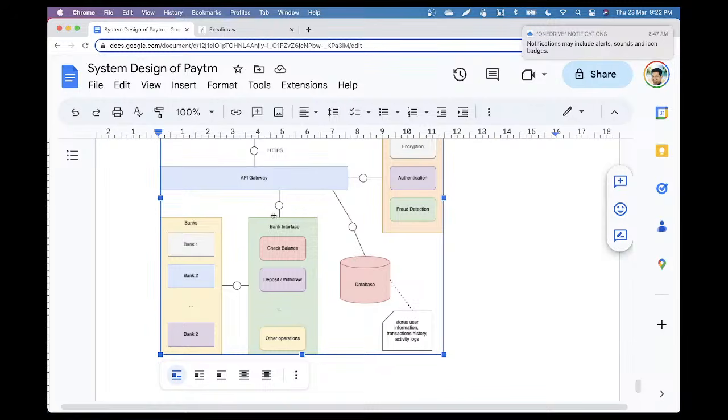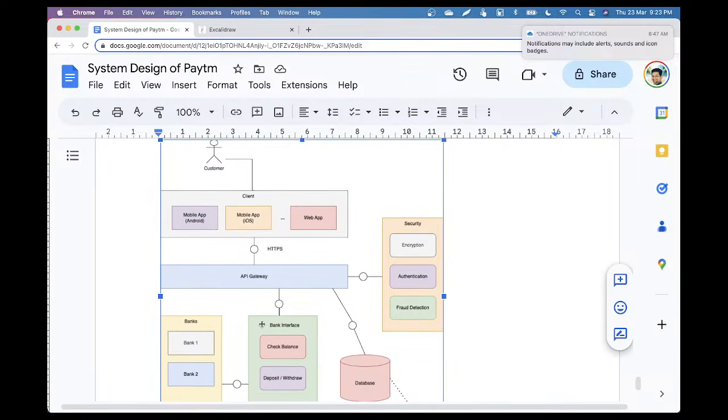It will communicate first with some servers, and it will store information, which could be user information, transaction information, and activity logs. And your bank interface will be interacting with various banks, merchant banks and customer banks, which will process the payment, and settlement will happen. So this is a very simplified architecture, but it will not work because we have very high scale.